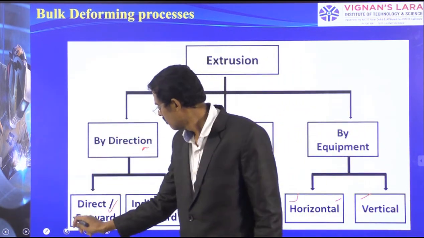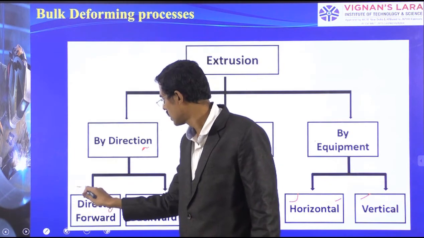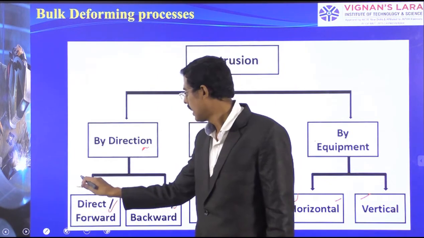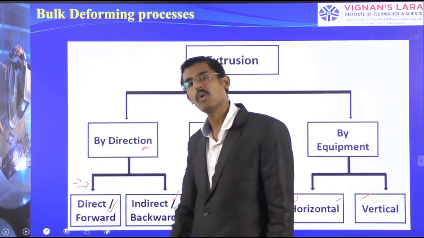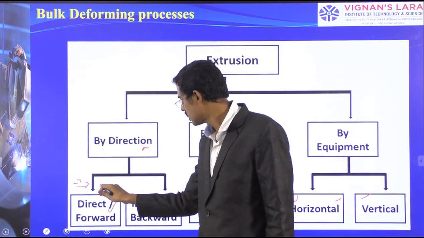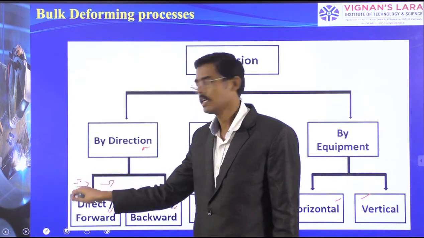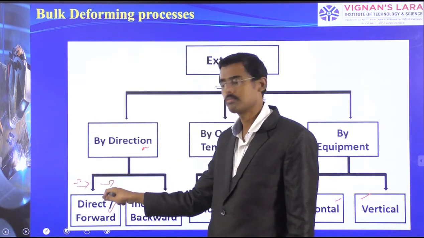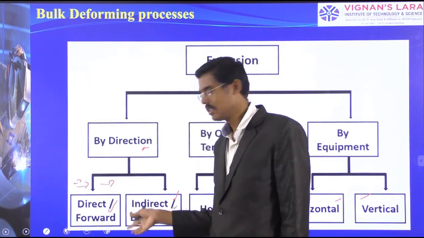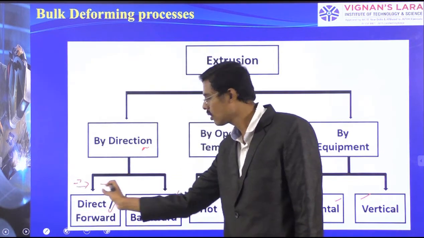It means when the material is put in this direction and pressure is applied over there, the product comes out at the other end. We are putting pressure on the left end of the product, and it is forwarded, and the product comes out on the right side, the other end. That is called forward. It keeps on going.